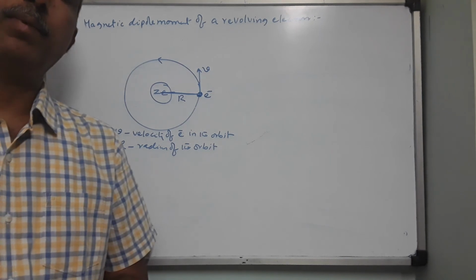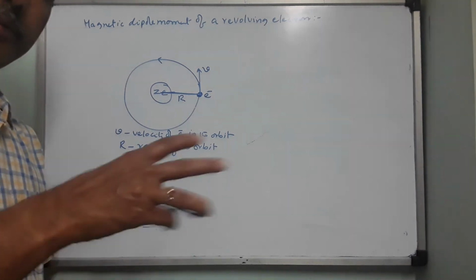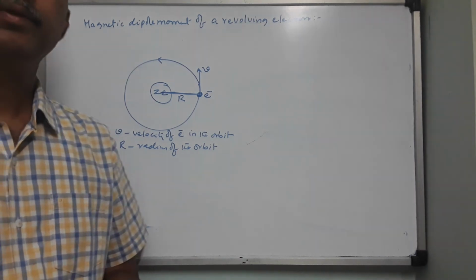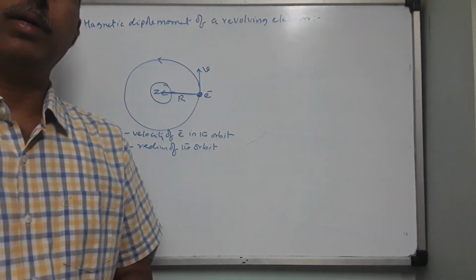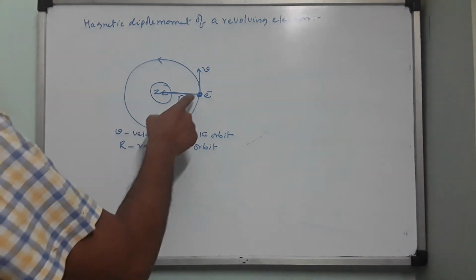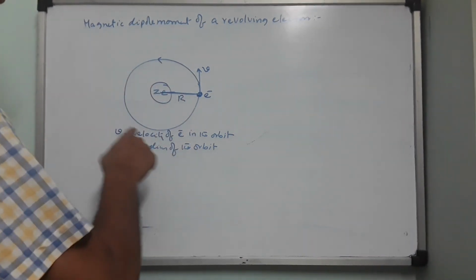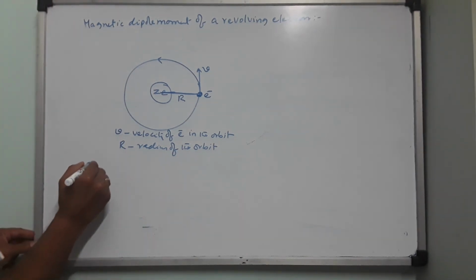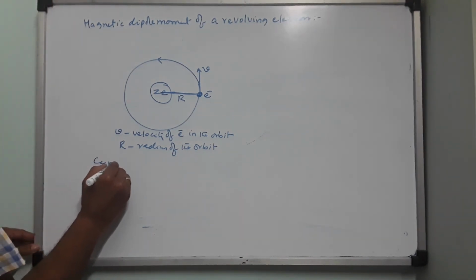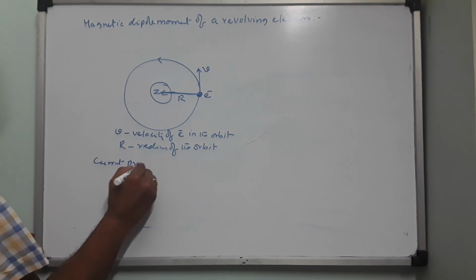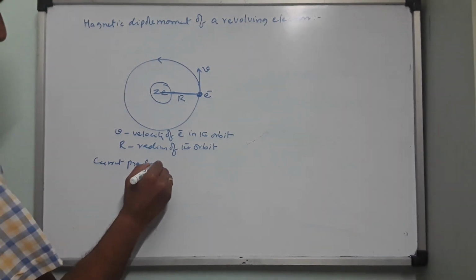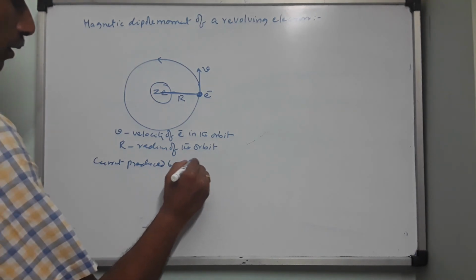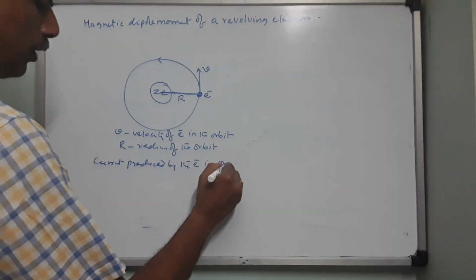A revolving electron is nothing but a current loop, because we know that I equals q by t, where q is the charge. When it completes one revolution, what is the equivalent current produced by this electron?